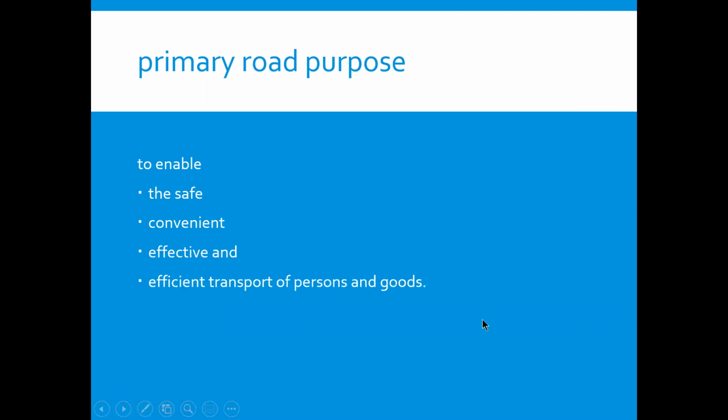So what is the primary road purpose? The primary purpose of the road is to enable the safe, convenient, effective, and efficient transportation of persons and goods.